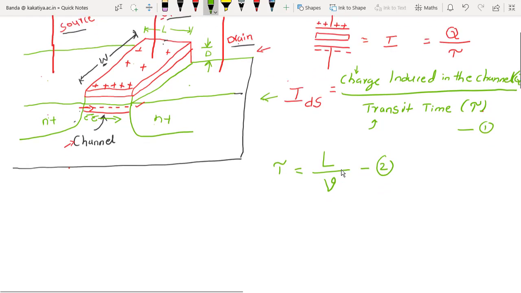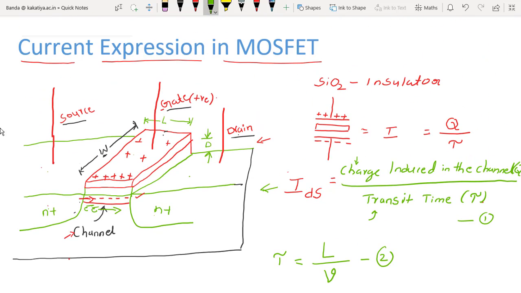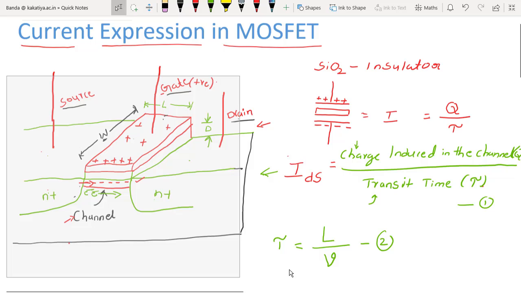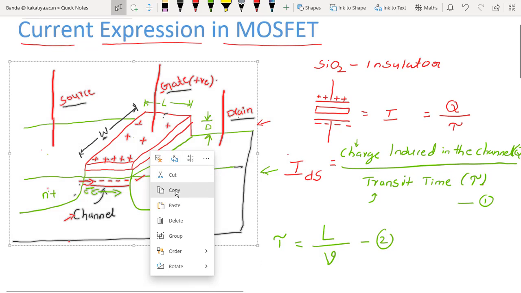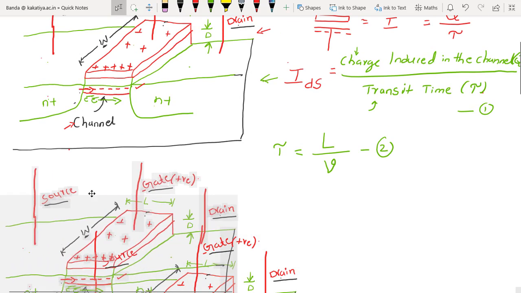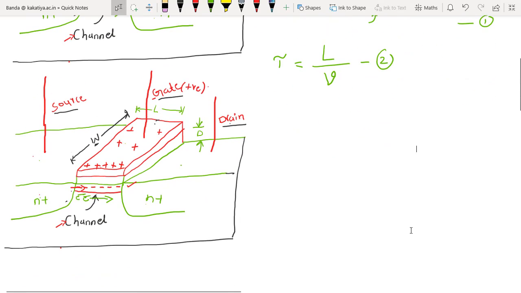Now we have to find out the expression for V. V means voltage?